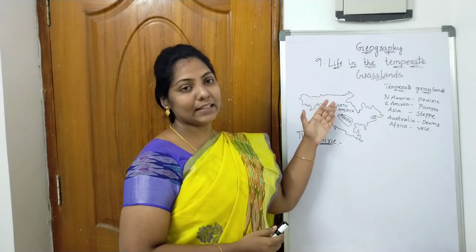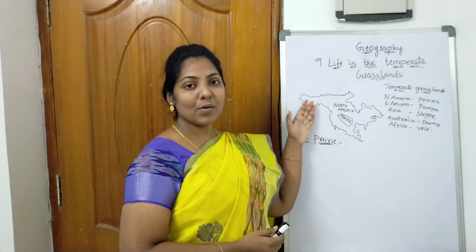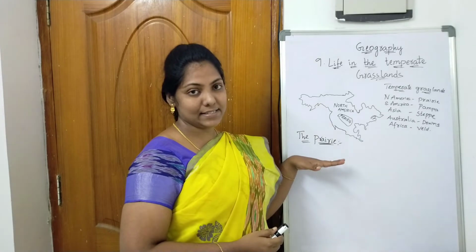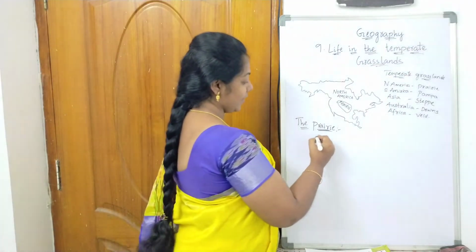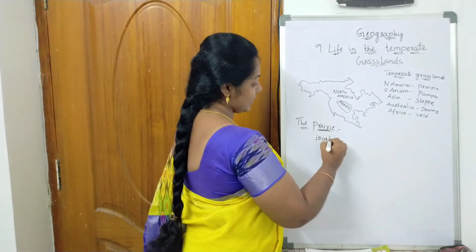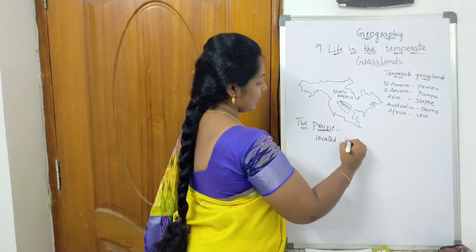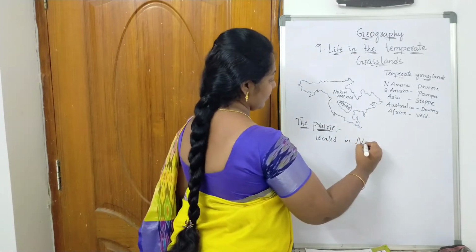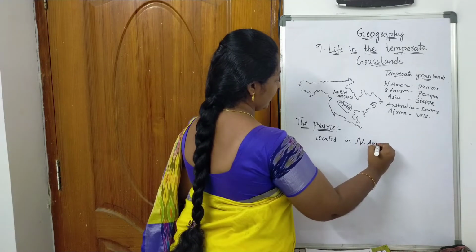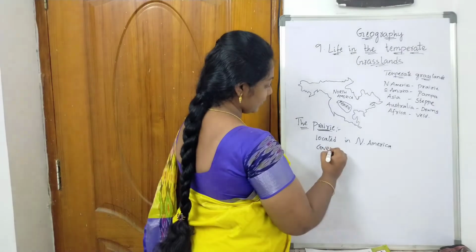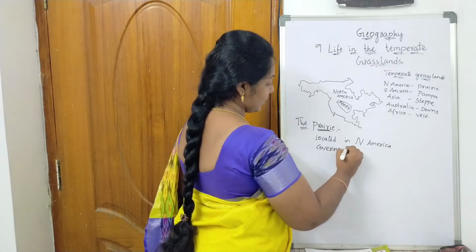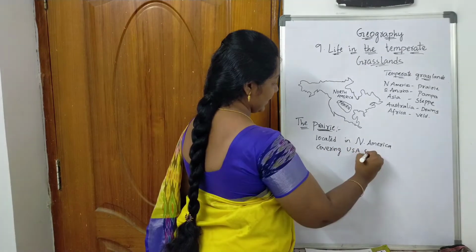This prairie area is covered with grasslands. So the prairies are located in North America, covering USA and Canada.